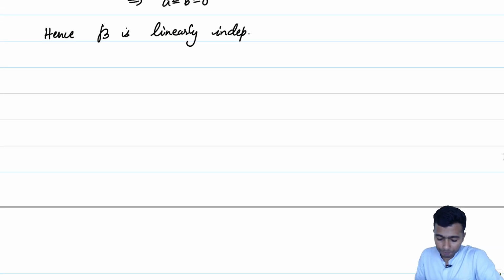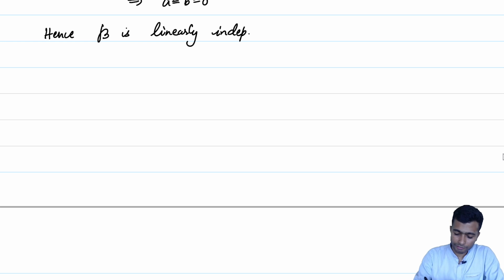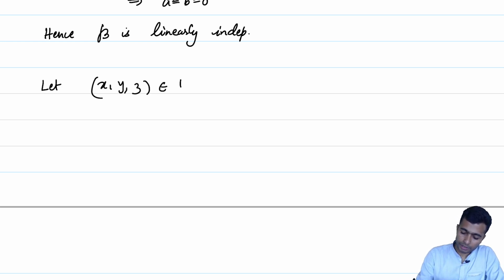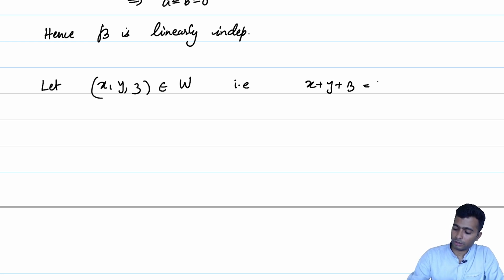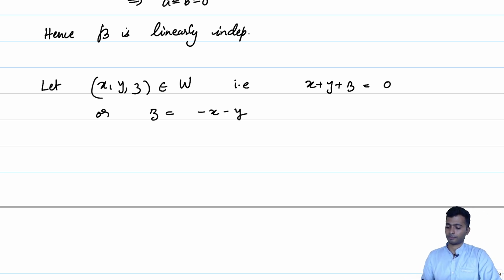How about the spanning property? Let us take some arbitrary vector, let x, y, z be in capital W. But then what does that mean? That is, x plus y plus z is equal to 0, or let us write z to be equal to minus x minus y.